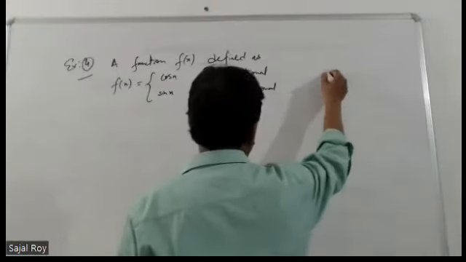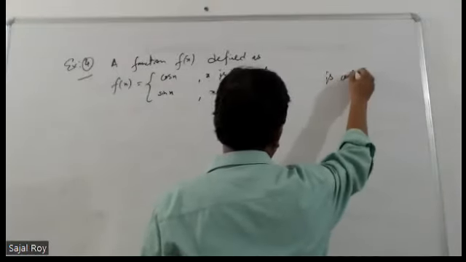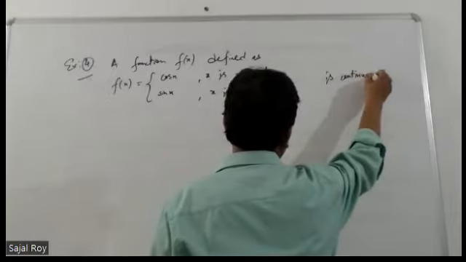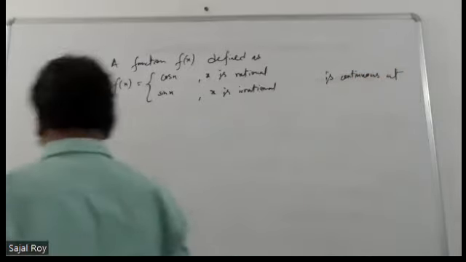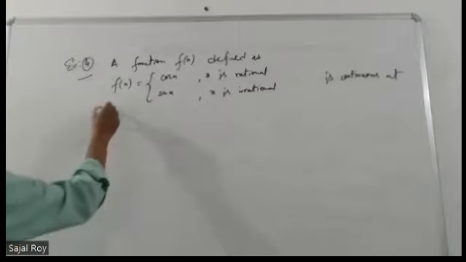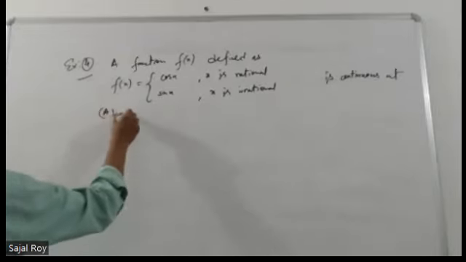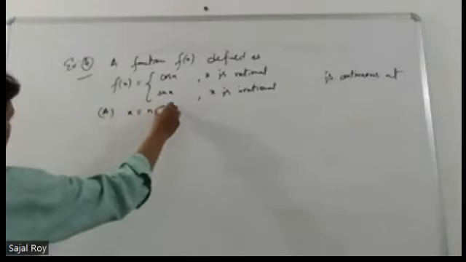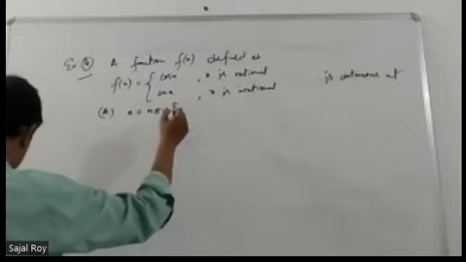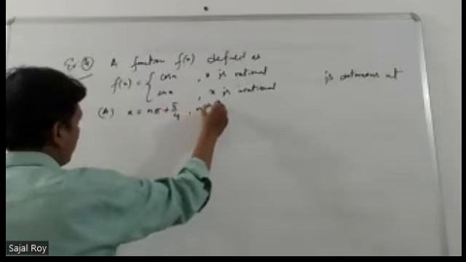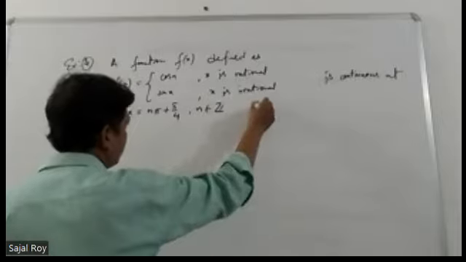It is continuous at: option A, x equal to n pi plus pi by 4, n belongs to the integers.